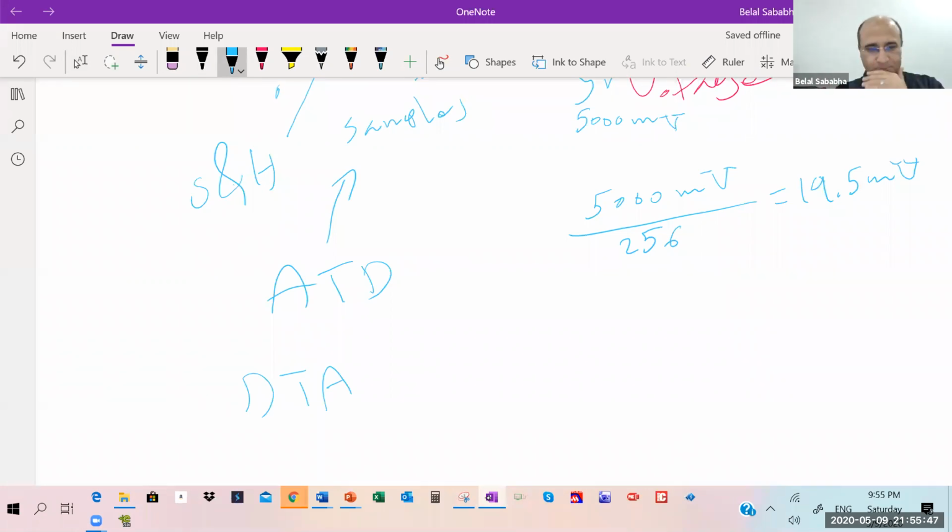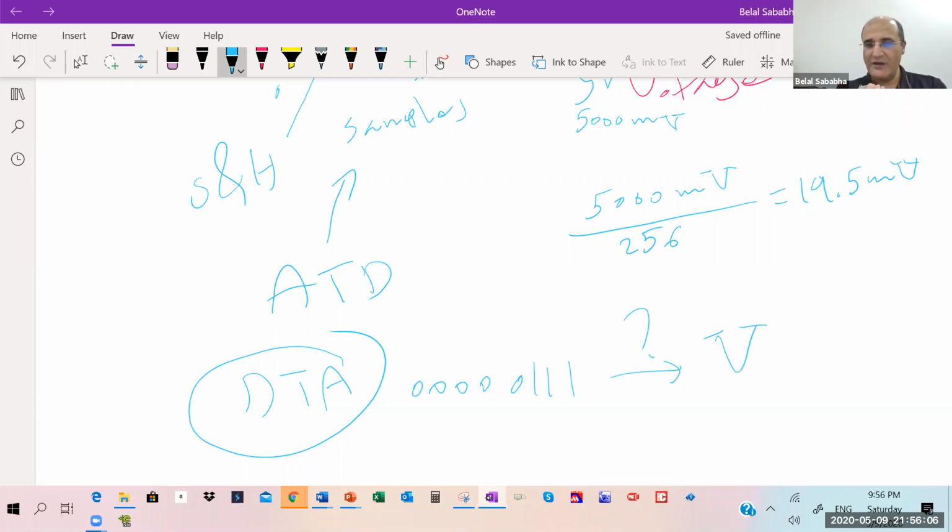Our microcontroller does not have a D to A. Most microcontrollers do not have a D to A. You have a digital number, what does this translate into in volts? The opposite. You can get a chip called D to A. You give it a number, it gives you a voltage.